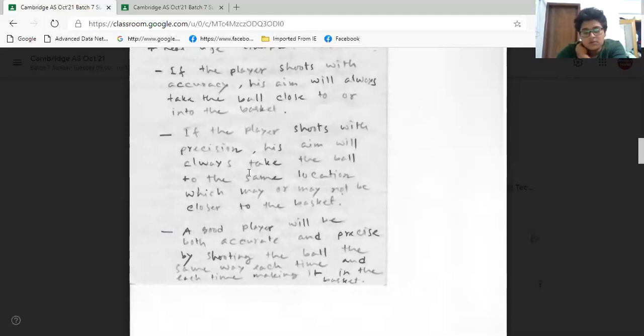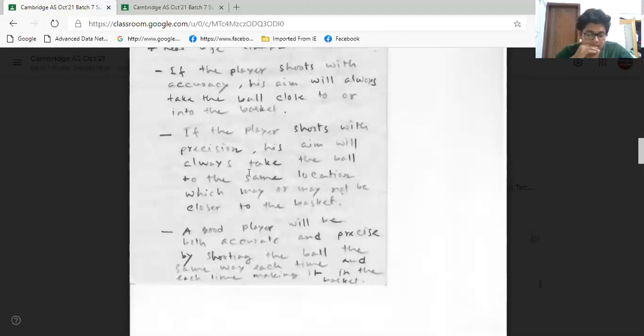That means if he is throwing it into the basket 10 times and it's going exactly into the basket 10 times, then it is precise and also accurate. So now it's clear to you, precision and accuracy.